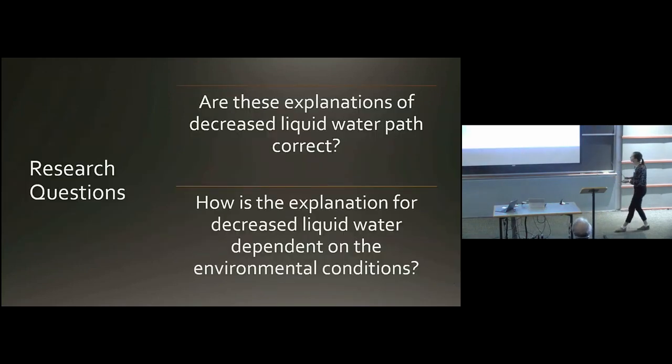Okay, so now to some of my results that I want to show today. I really just want to look into the applicability of these various explanations for why we are seeing the liquid water path decrease, and how these explanations are dependent on various environmental conditions and regions.